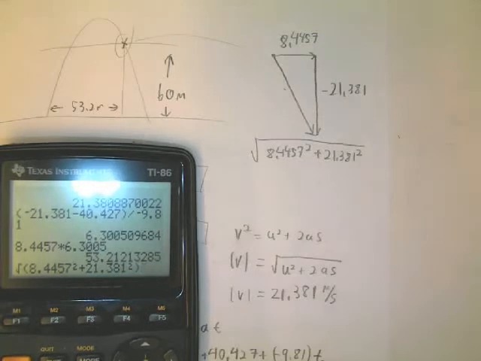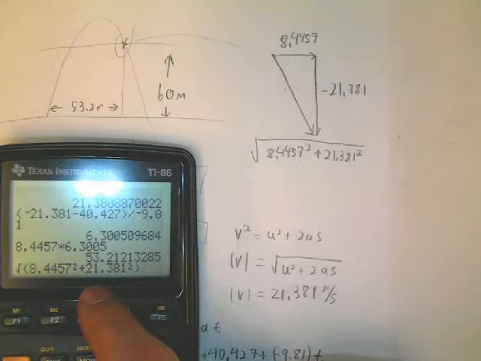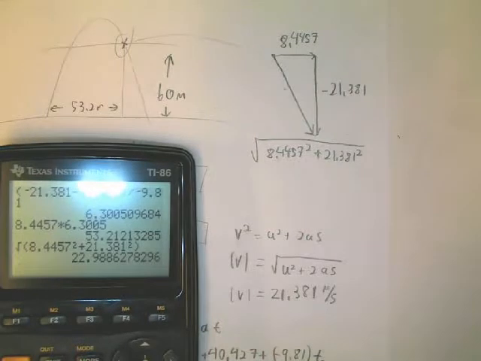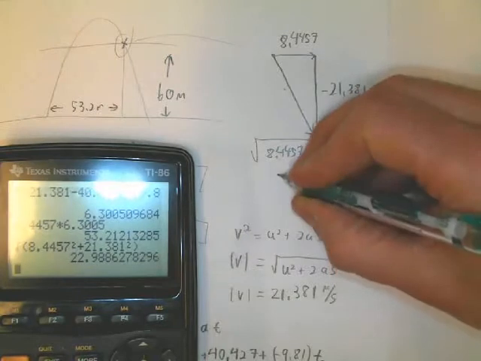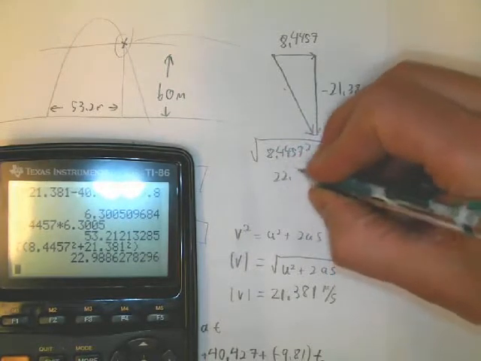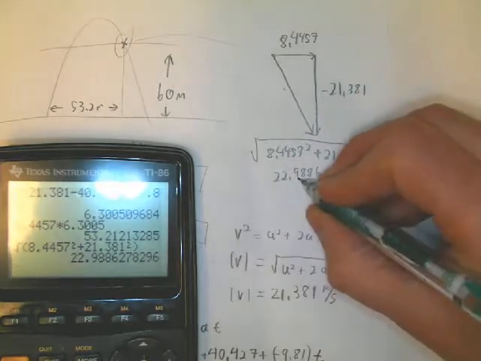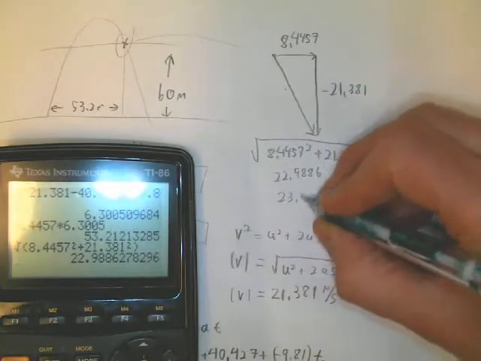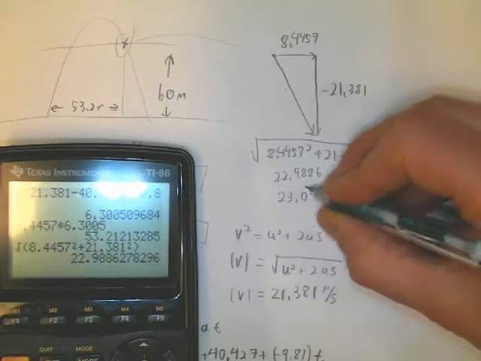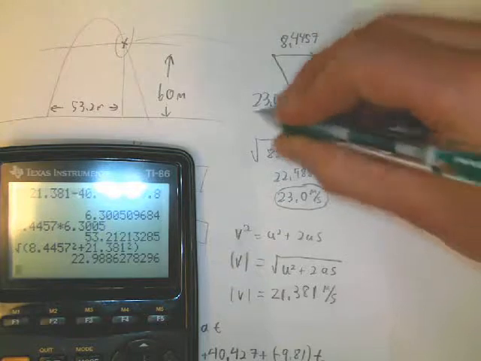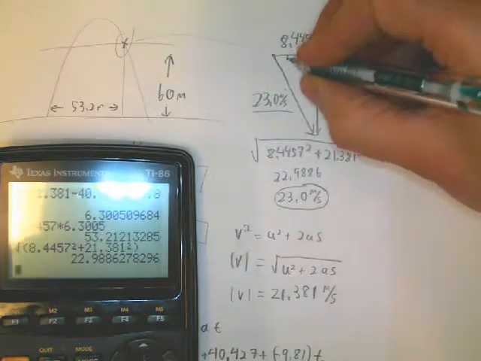Notice that I'm leaving the minus sign off because you need parentheses, otherwise the TI calculator is going to do the unary minus last, which isn't really what you want. So this ends up being 22.9886, and with 3 sig figs I'd have to round up and say 23.0 meters per second is our speed. That's the magnitude of the velocity.